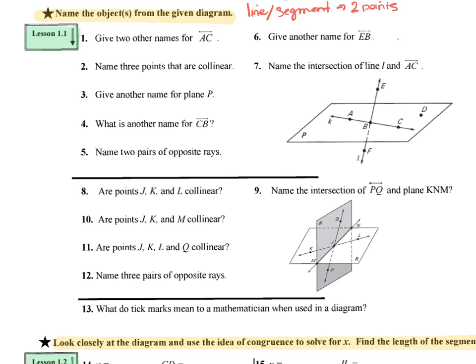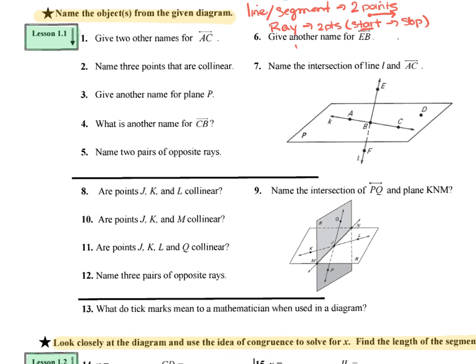If you are naming a ray, you're going to use 2 points, but remember it has to start and then stop, so the first letter has to be your starting letter, and remember you put the ray mark above it. The start letter goes first.